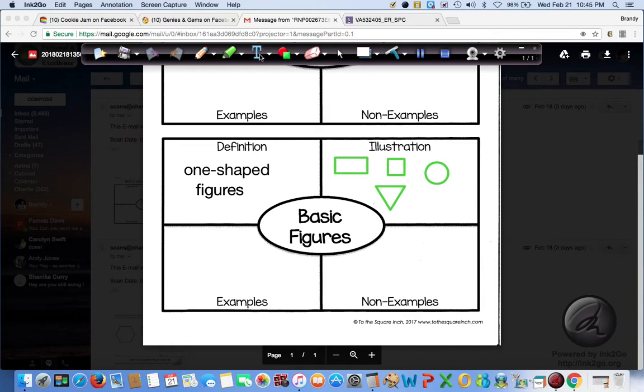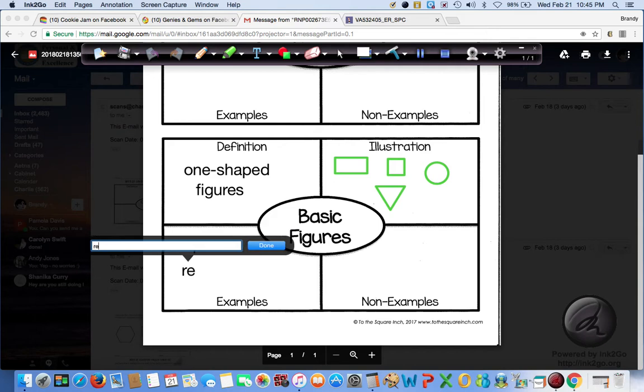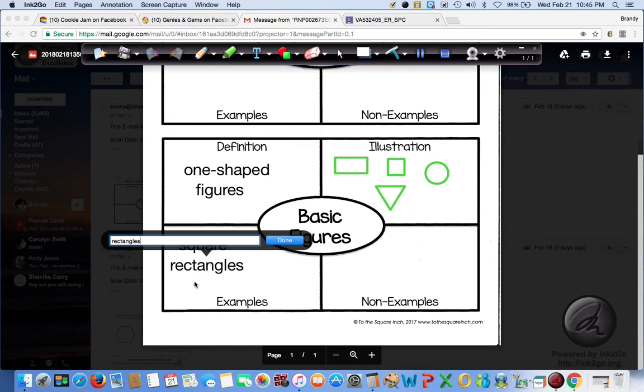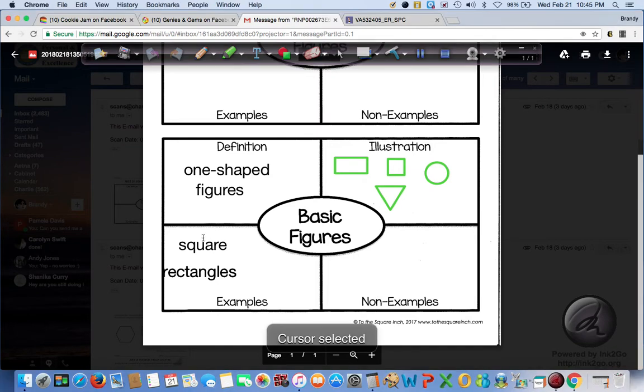So examples, again, these are going to be words. Square is one. Rectangles. Let's move these up a little bit.